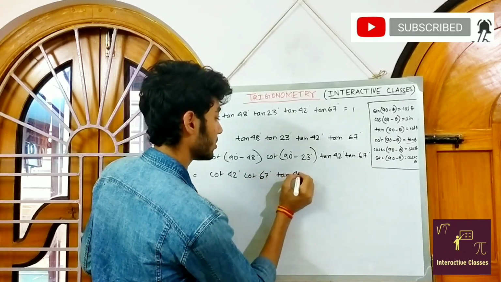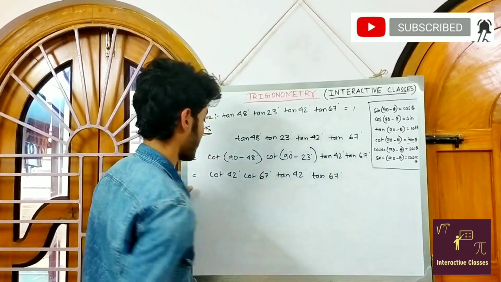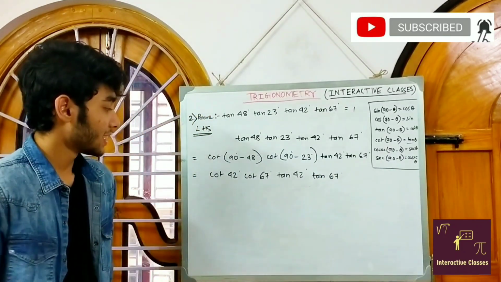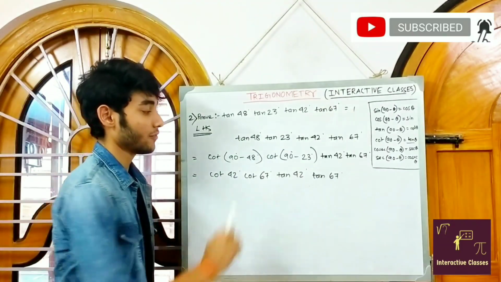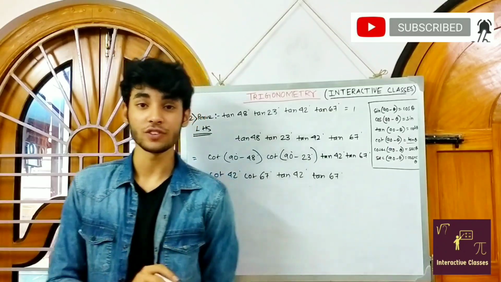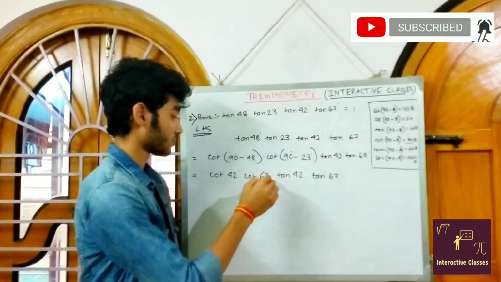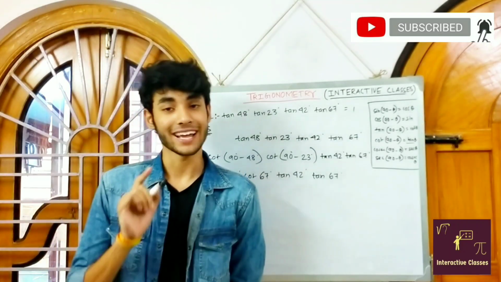Now cot 42 and tan 42 is nothing but 1, because cot 42 is cos by sine, and tan 42 is sine by cos.